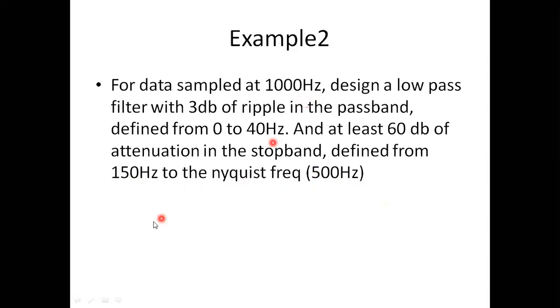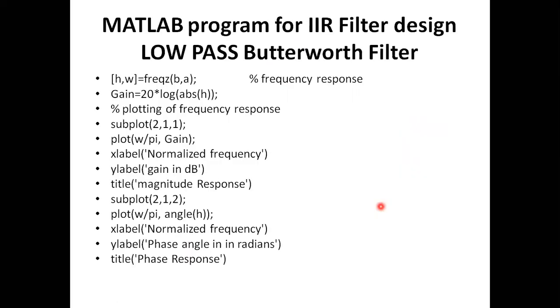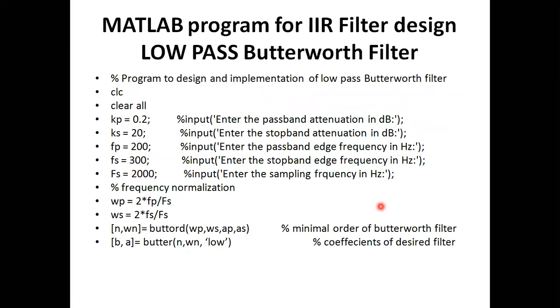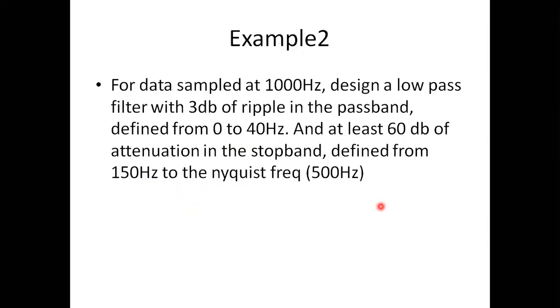So sampling frequency, stopband frequency, passband frequency, passband gain, and the stopband gain. Clear? For this system, you need to design the IIR low pass filter and IIR high pass filter. Use the same program and you can find it. Thank you.